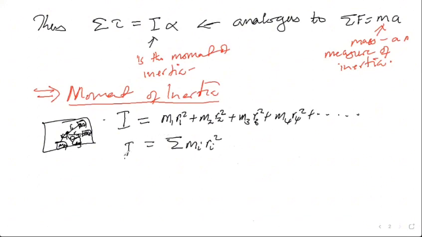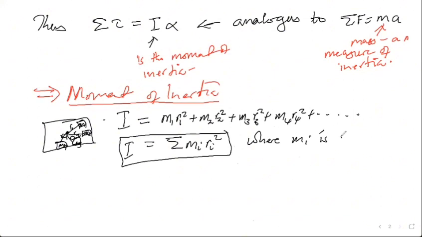This is how moment of inertia is determined. You get small point masses, where m_i is the ith point mass.